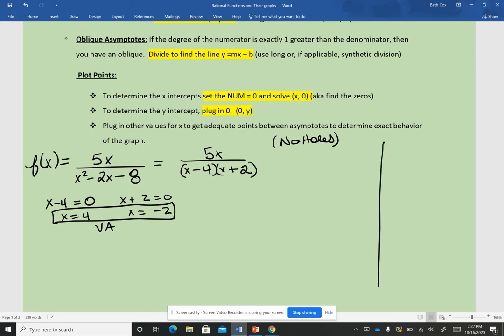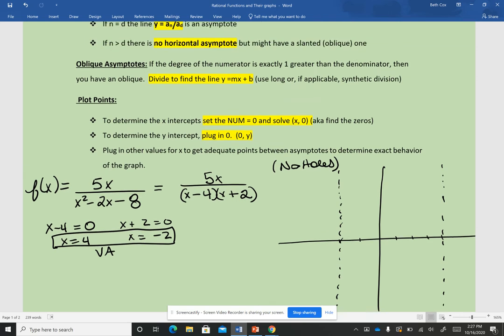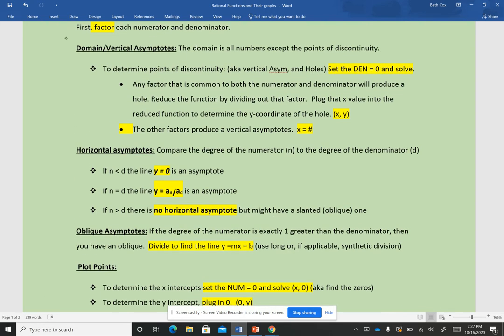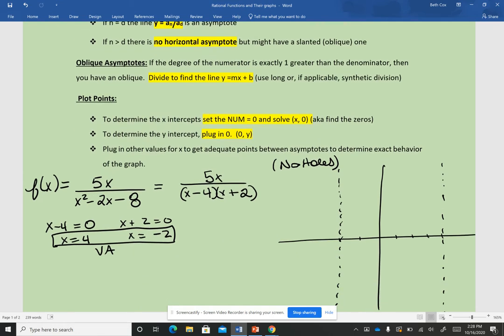So I'm going to get my graph started, at -2 and +4. Okay, so that's first, vertical asymptotes. There are no holes.